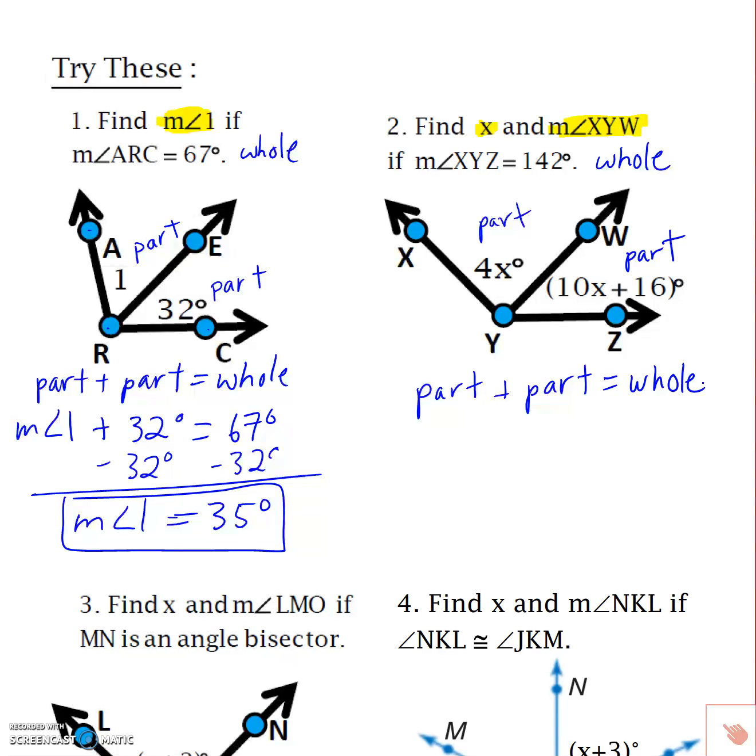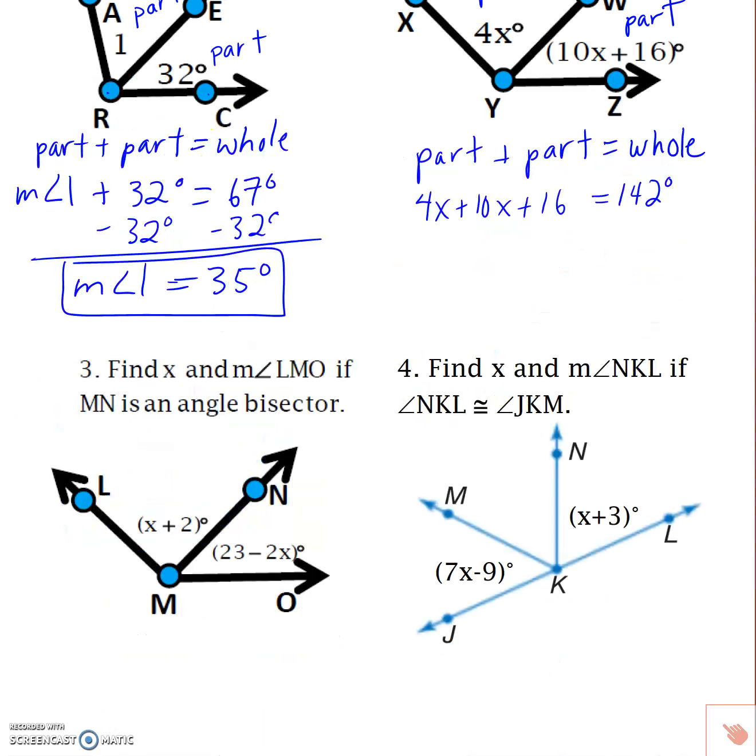So go ahead right now and see if you can set up that equation, filling in the parts and the whole. Okay, so this is what your equation should have looked like when you set it up. You should have gotten 4x, because that's the first part, plus 10x plus 16, which is this part, and your whole should be 142 degrees.